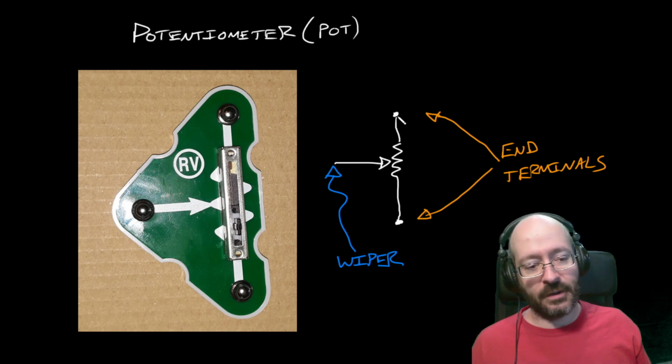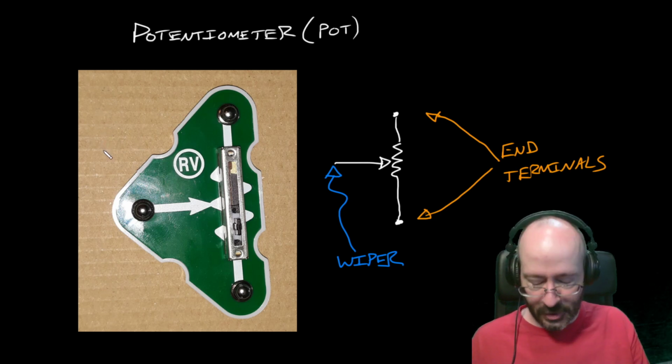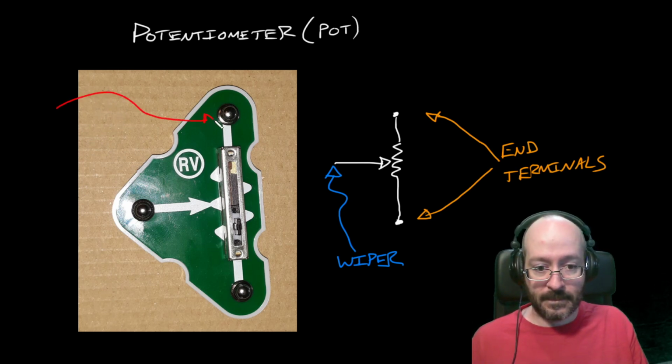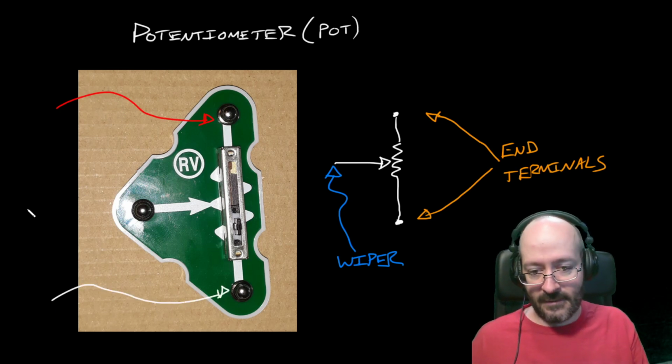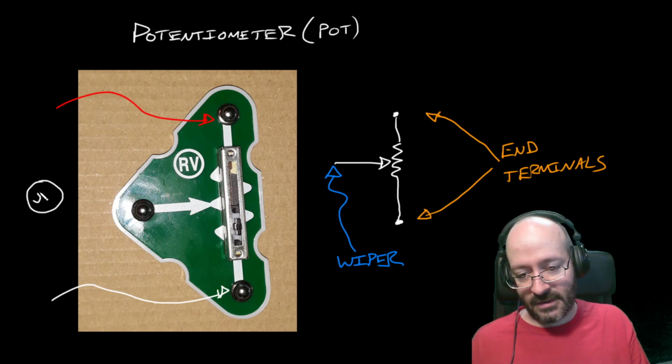Measure the resistance across the whole potentiometer, so from end terminal to end terminal. So measuring resistance, from there to there. And we want to make that an ohm meter, which is what you just set your dial for.